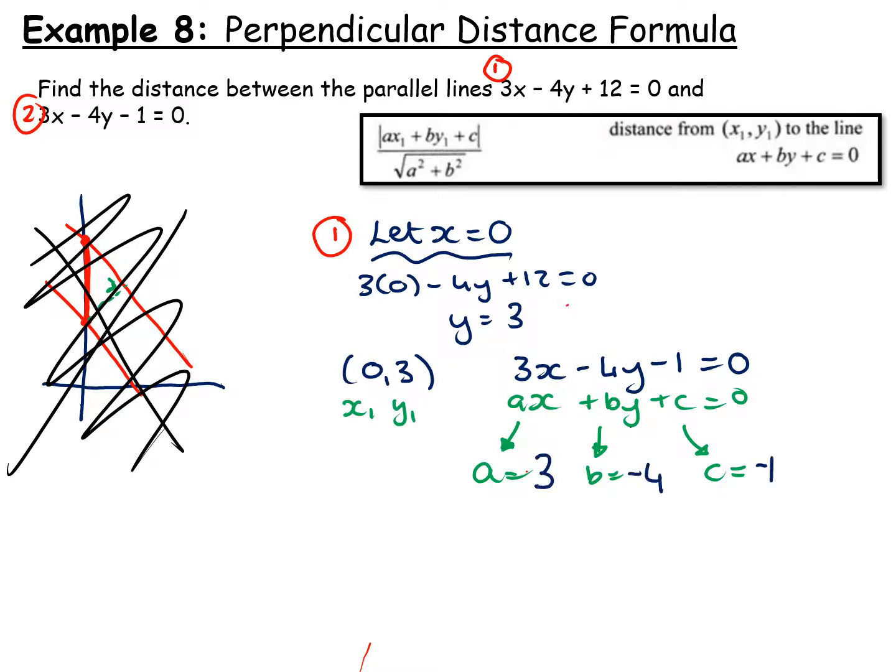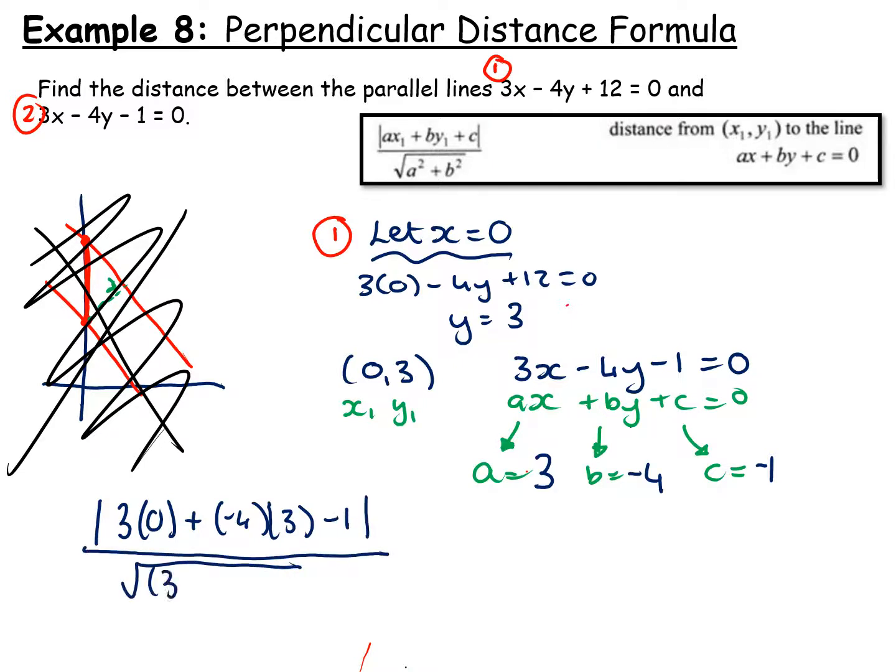So my formula is: a, which is 3, times x1, which is 0, plus b, which is minus 4, times y1, which is 3, plus c, which is minus 1, all over the square root of 3 squared plus minus 4 squared.